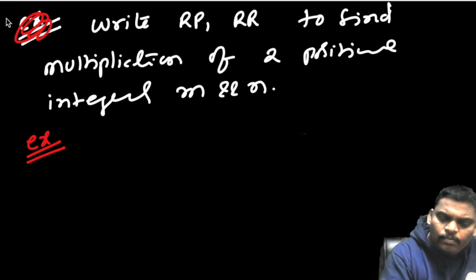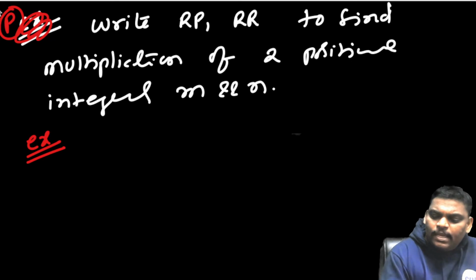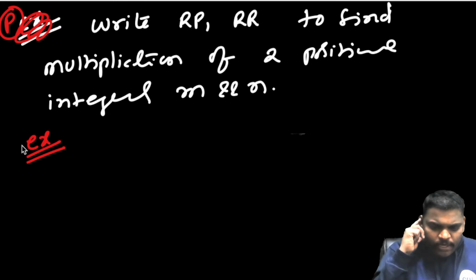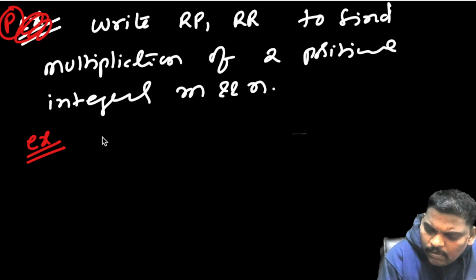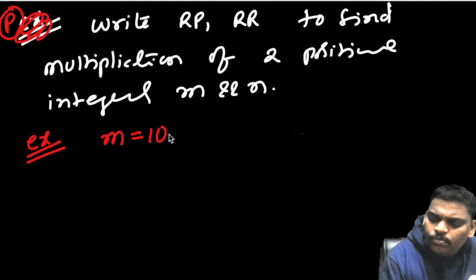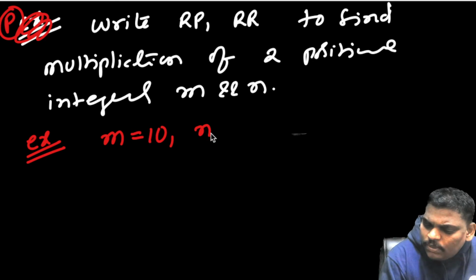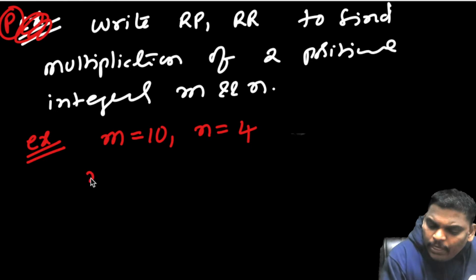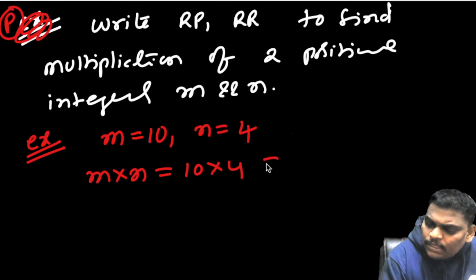This may be the problem P. Let us assume m is equal to 10 and n is equal to 4. So m into n is 10 into 4, which is 40.